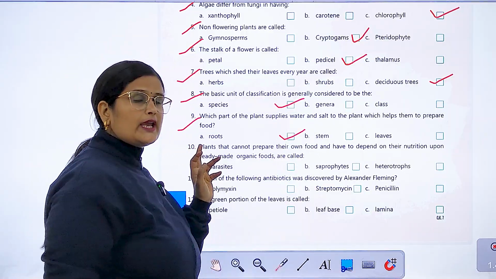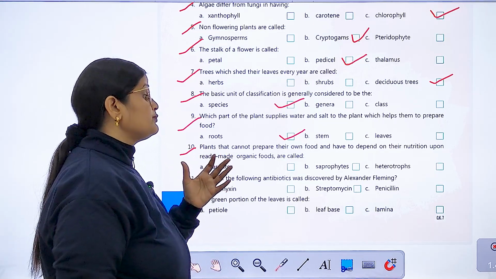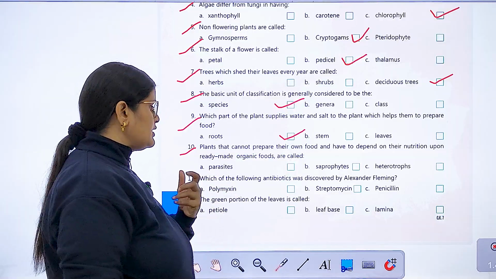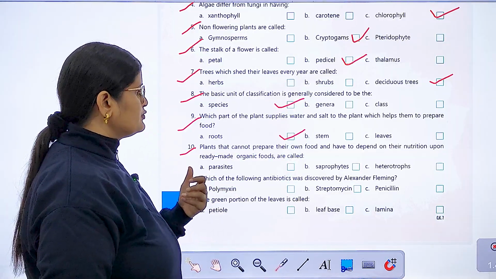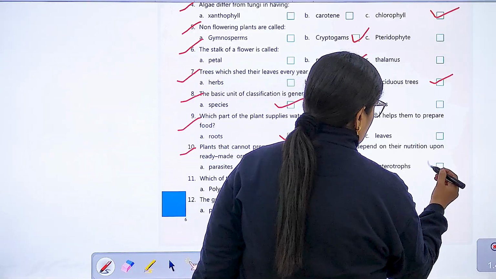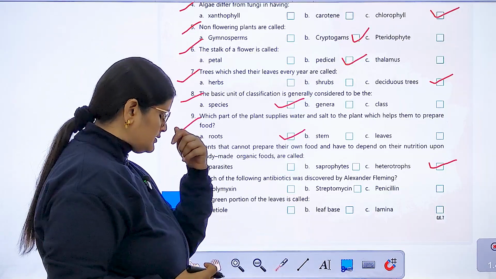Roots. So option A is roots. Number 10, plants that cannot prepare their own food and have to depend on their nutrition upon ready-made organic foods are called option C, heterotrophs.